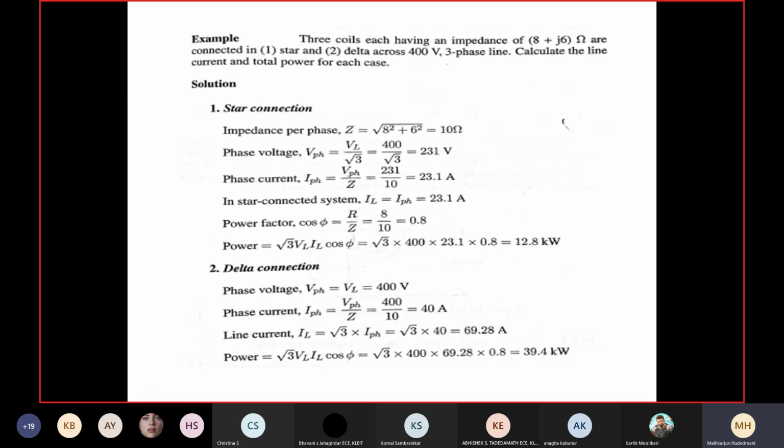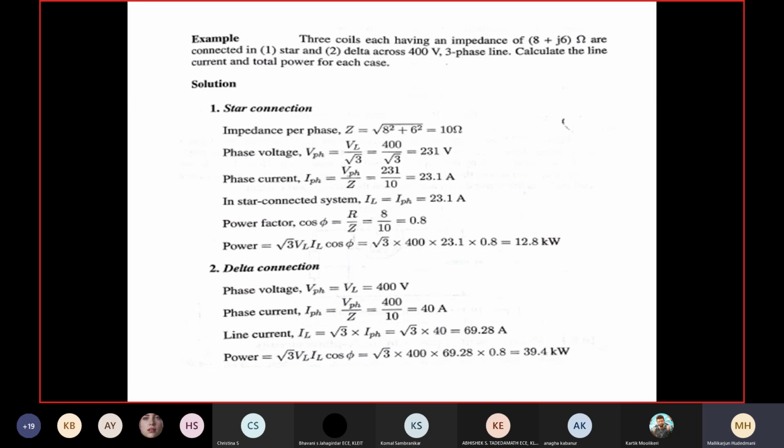Connection wise there is a change, hence the computed values for the current are different. So we should not copy the answer from the top to the bottom. We have to work specifically for the type of connection. When it is a delta, V phase is V line. IPH is by ratio, VPH by Z. Ratio should not give the same answer. That's why 400 divided by 10 is 40.